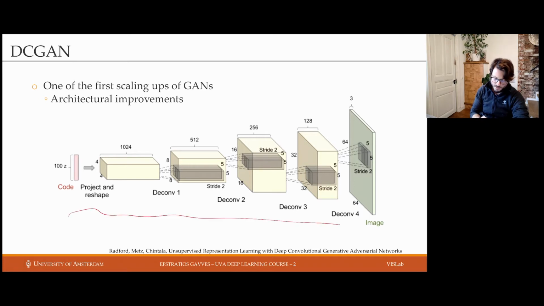As you can see here, this was the main figure, the main pipeline for the architecture of the generative model, where they would have 1024 dimensions of filters, followed by 4 deconvolutional steps until the generation of a large 64 by 64 image.